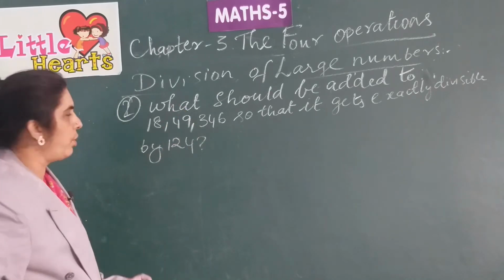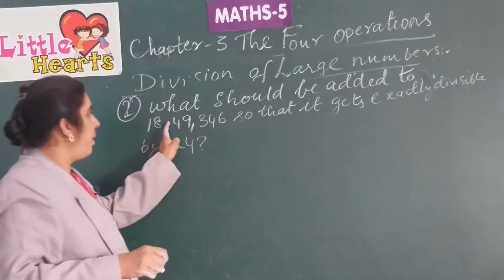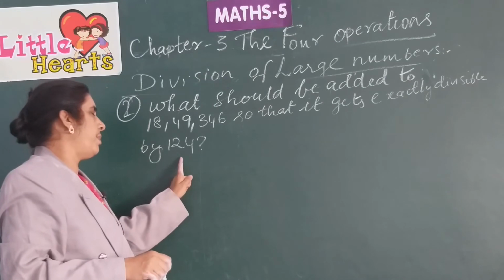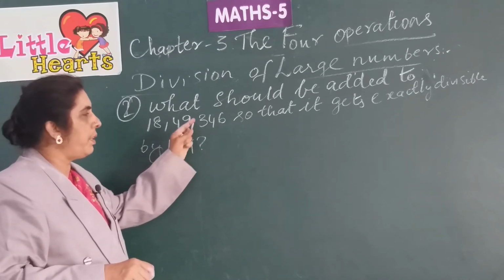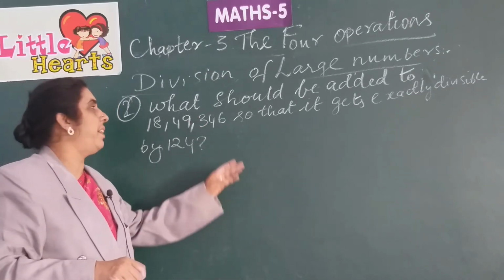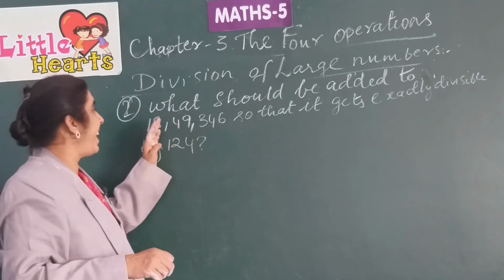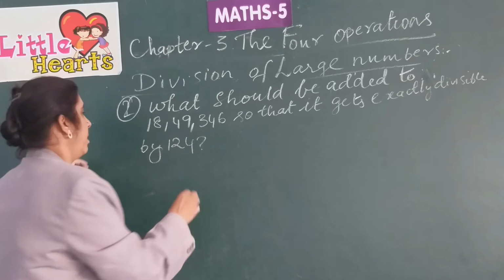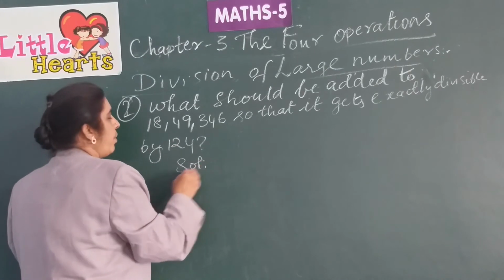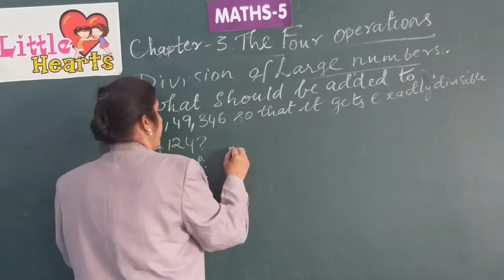For that, what should we do? We shall divide this number by this number, and whatever number is left over should be added to the dividend so that it gets exactly divisible by this. The leftover remainder should be added.